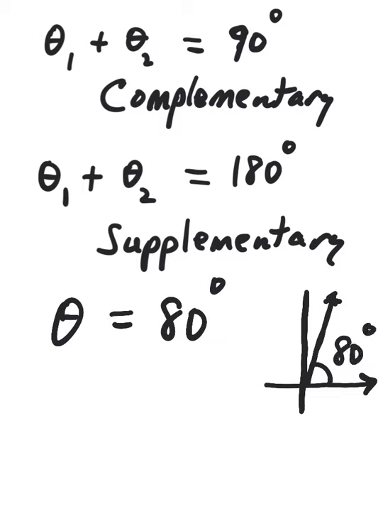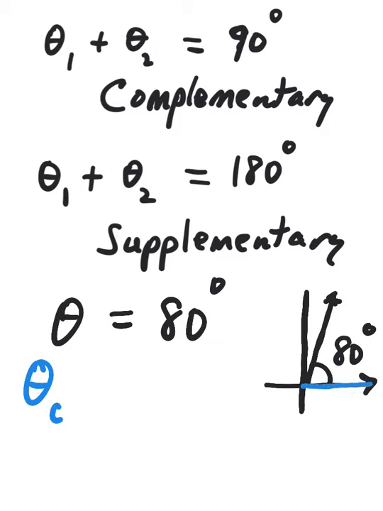Let's do the complementary angle first. Some of these won't have complementary angles. For example, if we had started out with 110 instead of 80, that already surpasses 90, so it can't have a complementary angle.